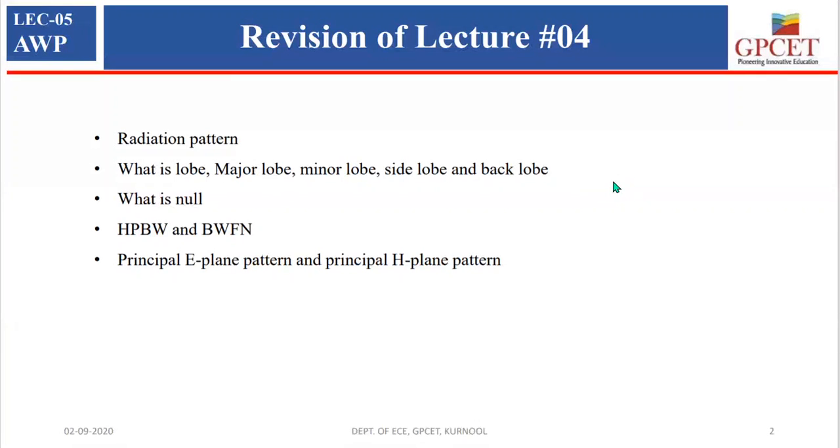In the previous class, we covered what is radiation pattern, what is lobe, what is major lobe, what is meant by minor lobe, what is meant by side lobe and back lobe. We also saw the meaning of null, and then we covered half power beam width and beam width between the first nulls, and lastly we saw the principal E plane pattern and principal H plane pattern.